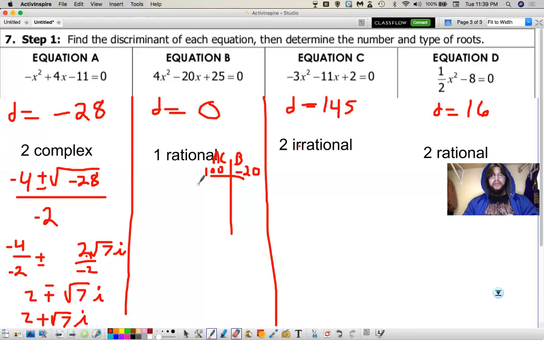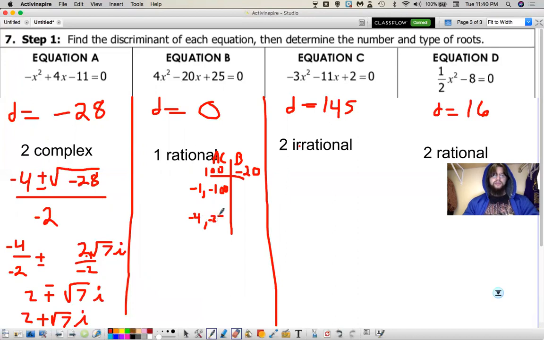However bad you are at your multiplication facts, just go through the factors. You can do -1 and -100. Well, that's not it. -2, -50. I'm going to skip towards the middle. I know it's 4 times 25. So -4 and -25.